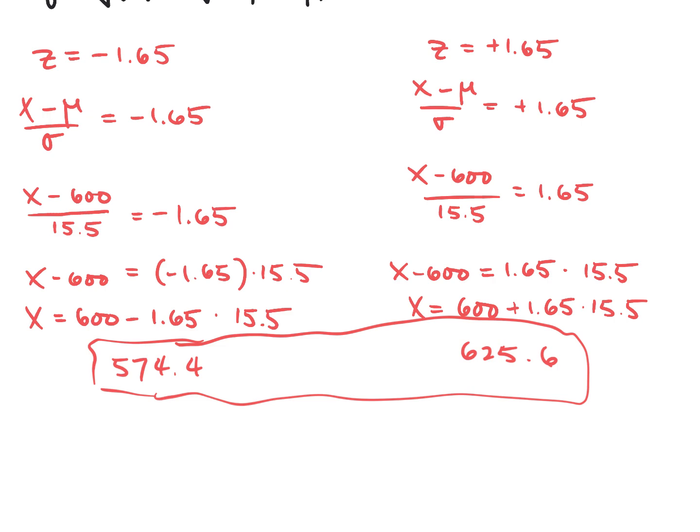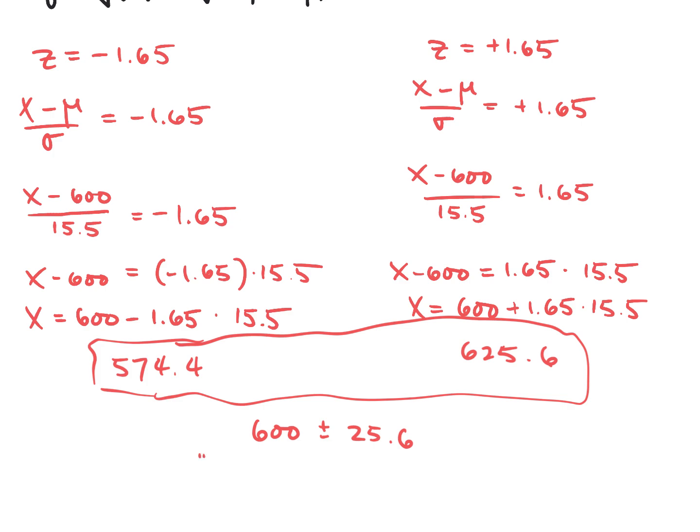So this is actually really getting at what pollsters do. And they talk about margins of error. This is exactly the kind of thing that they have in mind. Another way of writing this would be that they expect the answer will be 600 plus or minus 25.6, right?